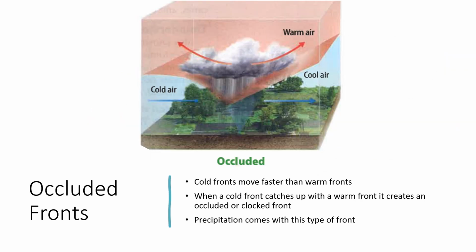Okay, there's one more air front that we need to talk about, and that is called occluded. As we've been saying from the beginning of this, cold air masses tend to move much, much quicker than warm air masses. So this is like when you have those kindergartners in line, and the one behind you flat tires you to where you just kind of stop in your tracks.